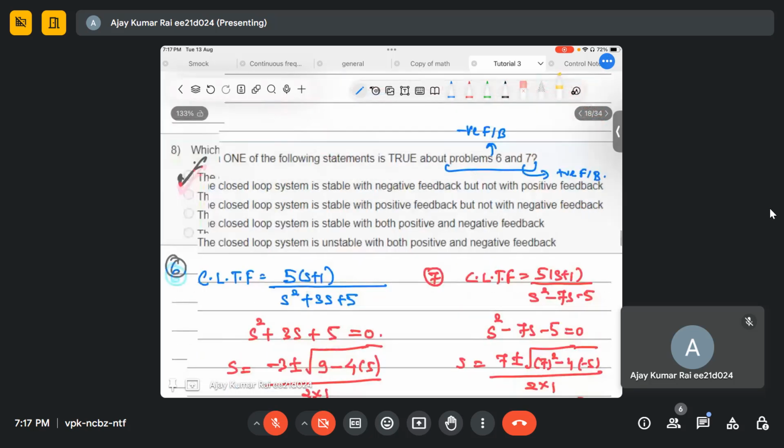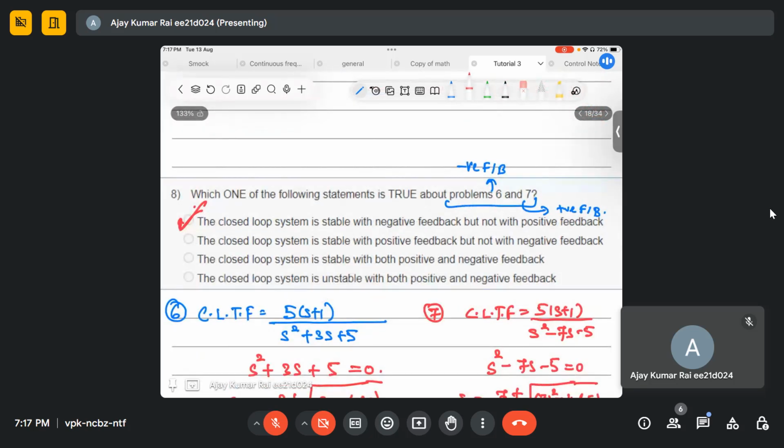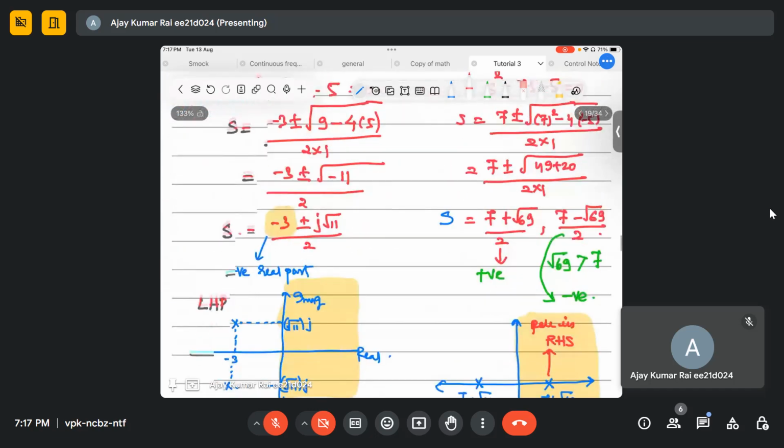So let's see the second statement. The closed loop system is stable with positive feedback but not with negative feedback. So this is incorrect. A closed loop system is stable with both positive and negative feedback. This is also incorrect. The closed loop system is unstable with... this is also incorrect. So only the first statement is correct, already verified.